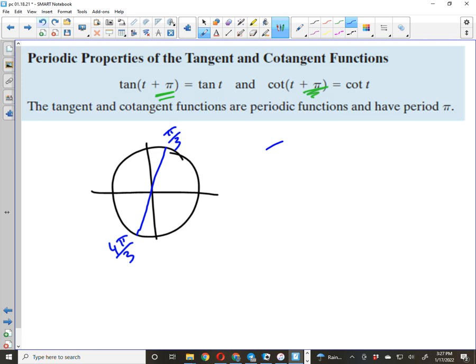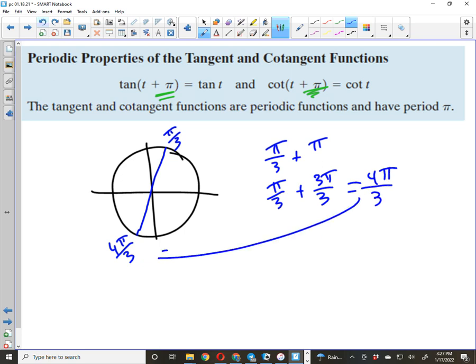Because I know that if pi over 3 plus pi, or pi over 3 plus 3 pi over 3, that's just going to equal 4 pi over 3. That's how I get that, right? That was our period. We added pi to that. The ordered pair here is, again, 1/2 comma root 3 over 2. Down here, the ordered pair is negative 1/2 comma negative root 3 over 2.